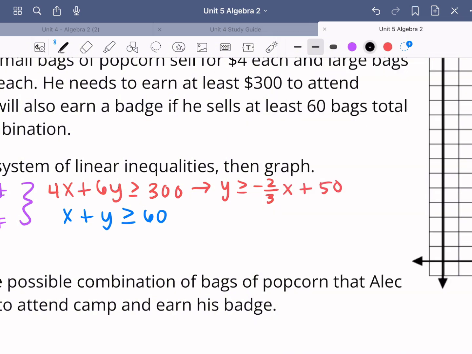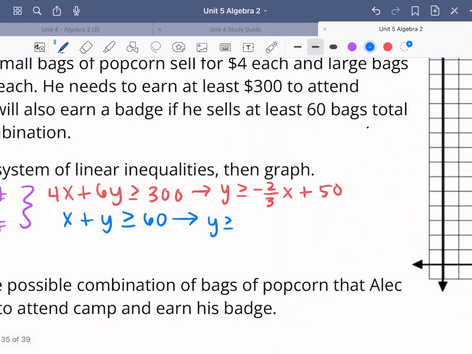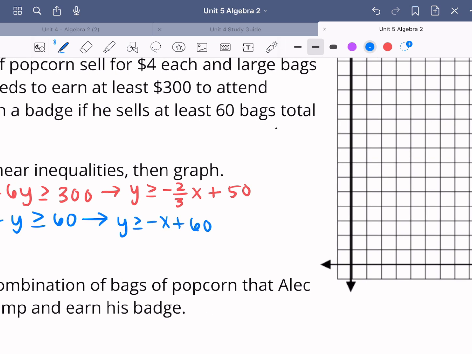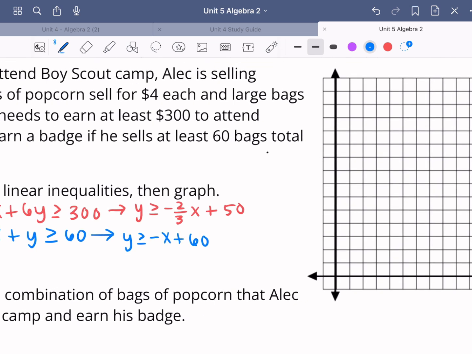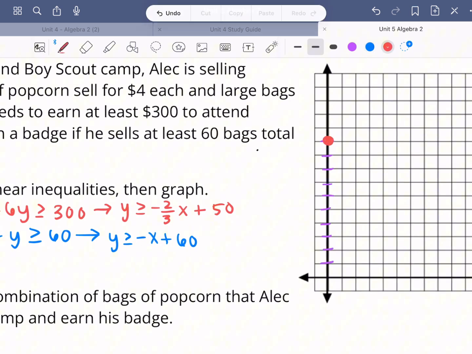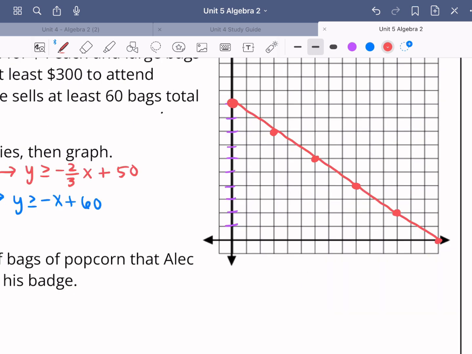And so I'd have y is greater than or equal to negative x plus 60. Let's go ahead and graph. I'm going to count by 5s. Y-intercept of 50. I'm going down 2 over 3, and we are going to shade above this line.